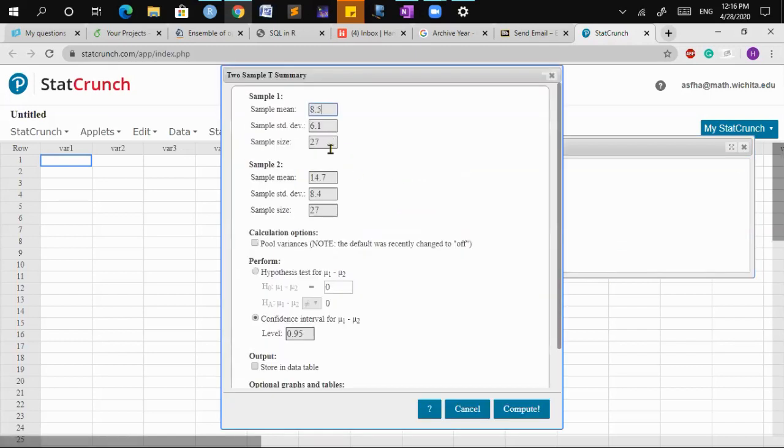What would happen if I reverse this one? What would happen if we treat the first sample as the second?